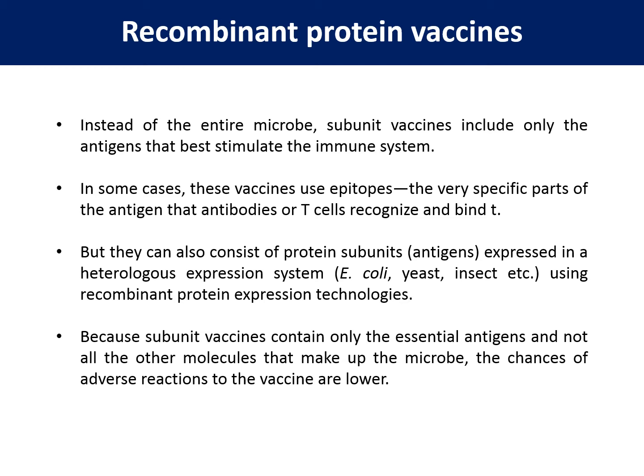But the difference here is that the end product is a purified recombinant protein as a whole, as a vaccine antigen, instead of a purified plasmid DNA, like the one in the case of DNA vaccine.